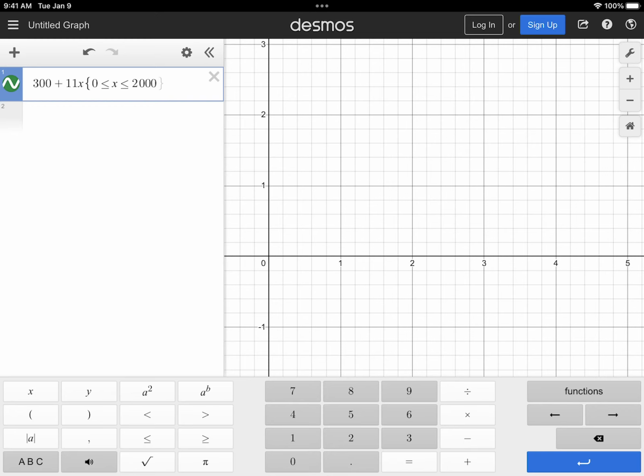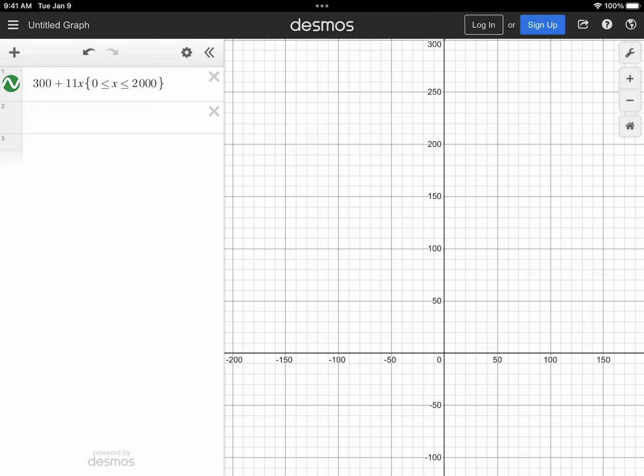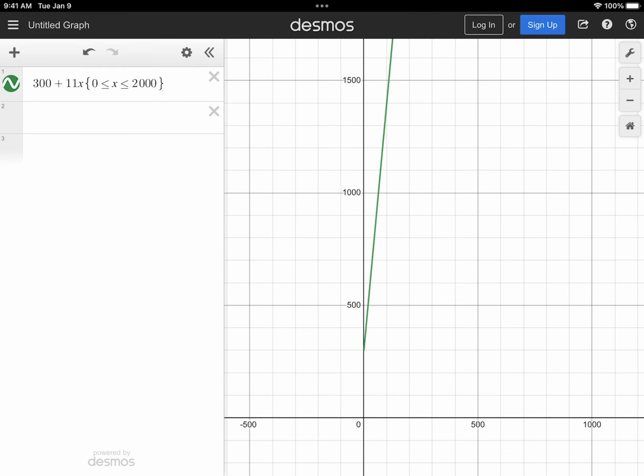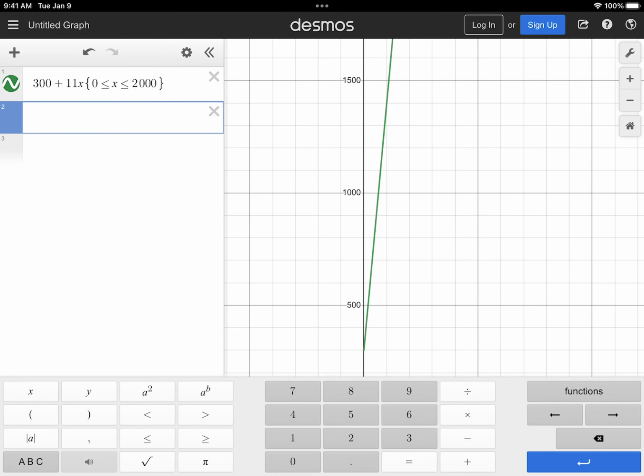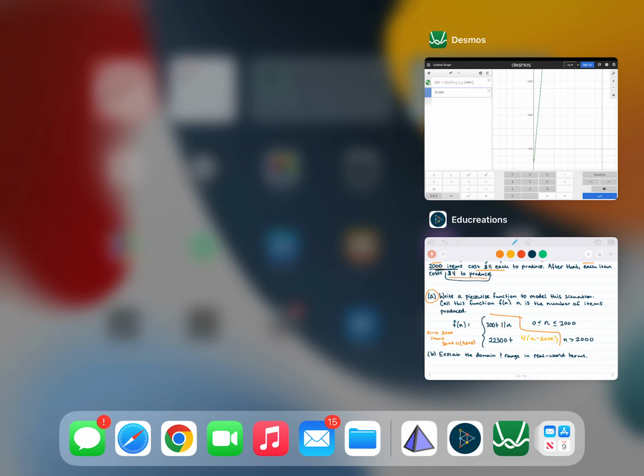Notice I'm putting X's. Desmos likes our input variable to be X. Okay, I'm going to zoom out a little bit. So that's our first piece, and then we have 22,300 plus 4 times X minus 2,000.